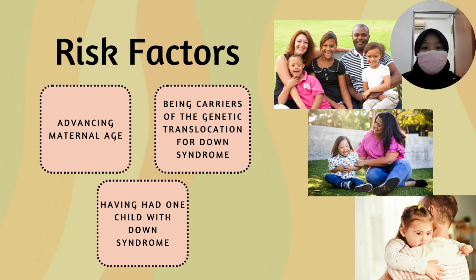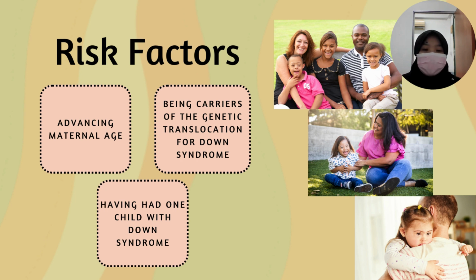A woman's chances of giving birth to a child with Down syndrome increase with age because older age has a greater risk of improper chromosome division. Also, a woman's risk of conceiving a child with Down syndrome increases after 35 years of age.